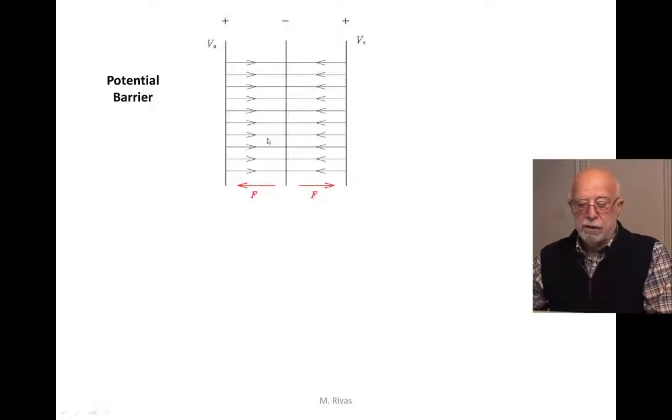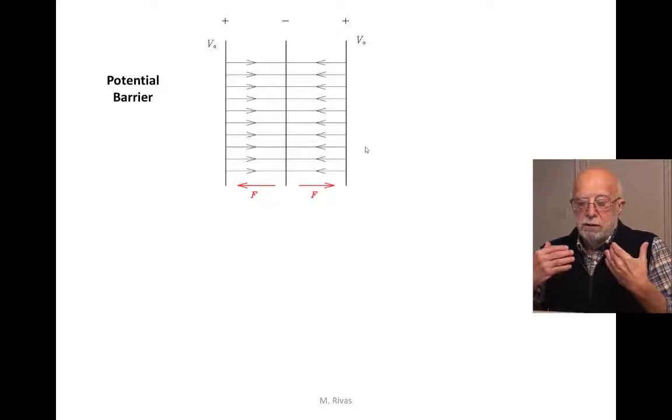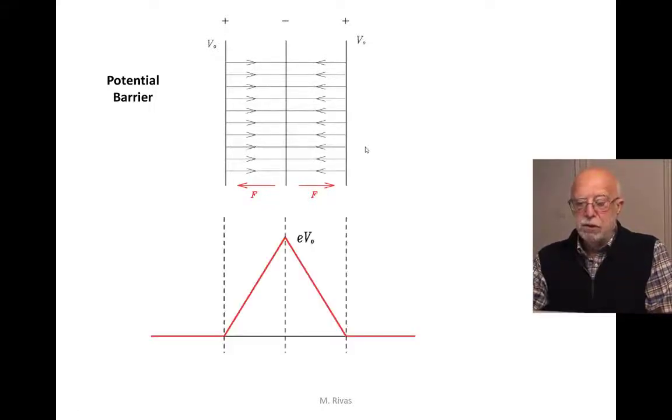The electron has negative charge, so if it is in this region, it is under a force to the left, and if it is in this part, it is under a force to the right. So to analyze this static field, the potential energy of the electron in this device is 0 outside the plates.